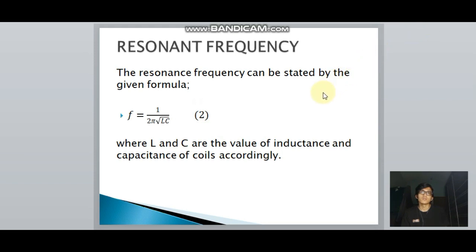The second aspect is resonance frequency, for which we use the formula f equals 1 over 2 pi square root of L times C, where L and C are the inductance and the capacitance value of the coil.